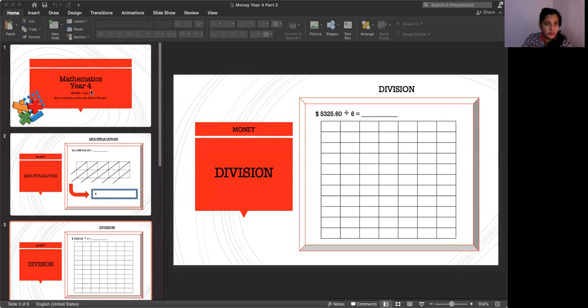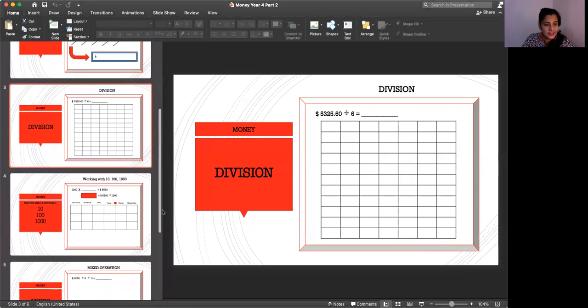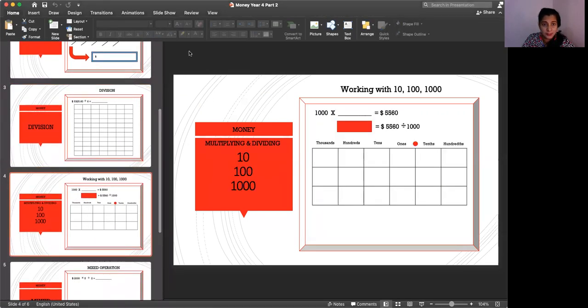And let's move on to the next question, which is if you're going to multiply or divide with 10, 100, or 1000. So as a quick recap, we have done this in our previous lessons. We have learned to move the decimal place values. If you're going to multiply by 10, your decimal point moves 1 place to the right.